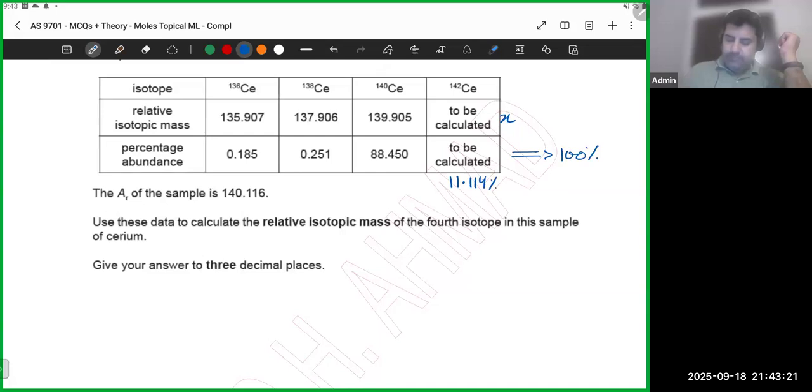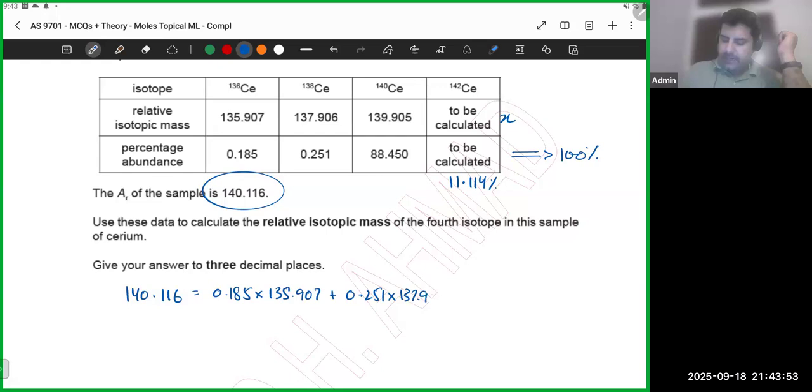Now, we already know what the Ar is, which is the average of all the isotopes, the 140.116. How do you calculate that? It's the percentage multiplied by the isotopic mass, plus the percentage, so all of them added up together, right? So it's going to be 0.185, multiplied by 135.907, plus 0.251, multiplied by 137.906, plus 88.45 multiplied by 139.905.